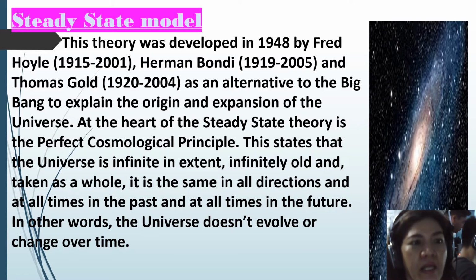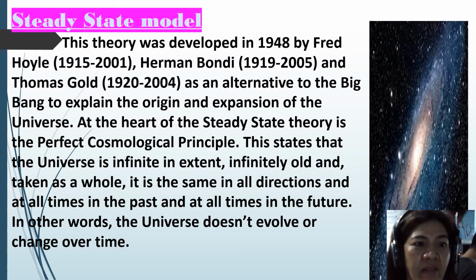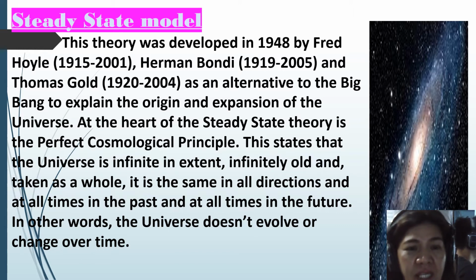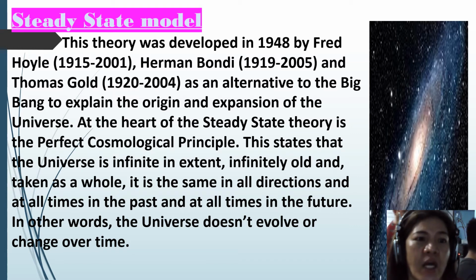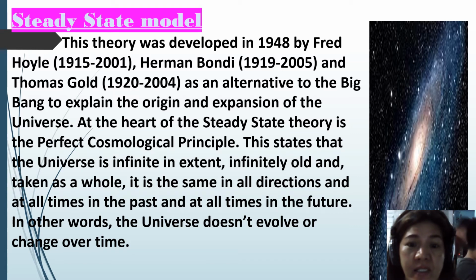Okay, so let us discuss the steady state model. This theory was developed in 1948 by Fred Hoyle, Hermann Bondi, and Thomas Gold as an alternative to the Big Bang to explain the origin and expansion of the universe. So at the heart of the steady-state theory is the perfect cosmological principle.